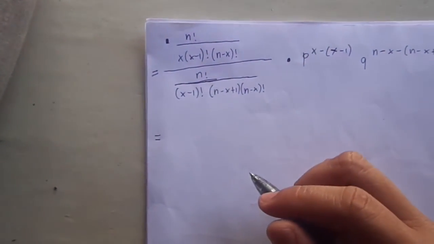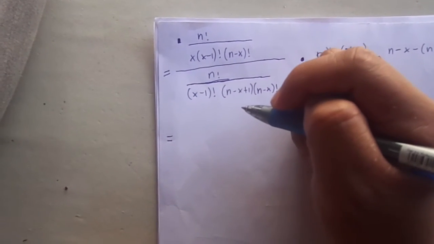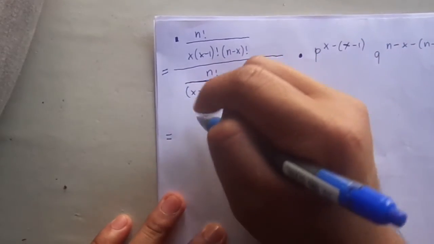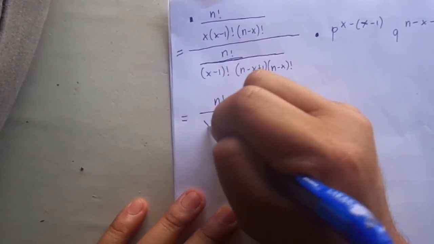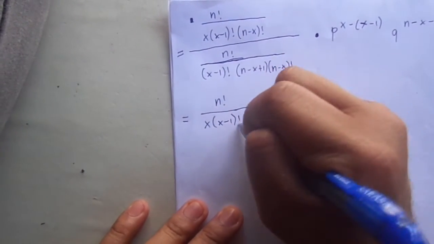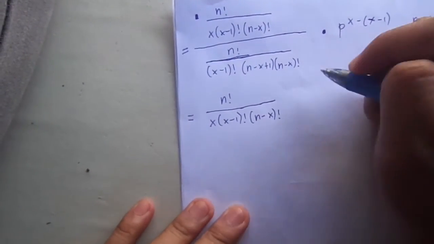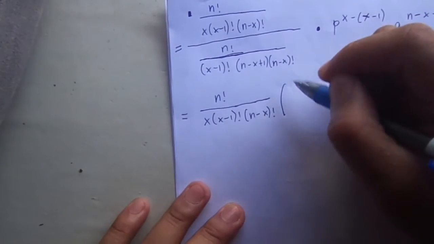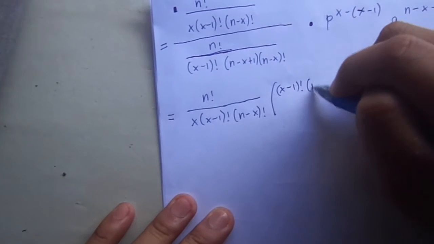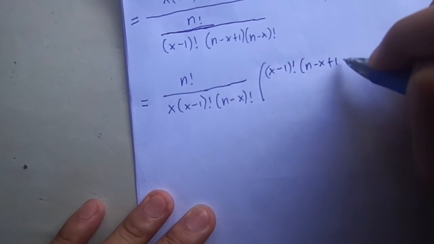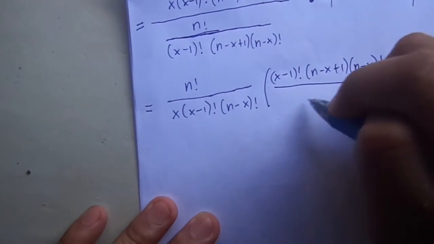So by the law of division of fractions, copy the numerator, then multiply by the reciprocal of the denominator. So we have n factorial over x times the quantity x minus 1 factorial times the quantity n minus x factorial, multiply the reciprocal, x minus 1 factorial times n minus x plus 1 times the quantity n minus x factorial all over n factorial.